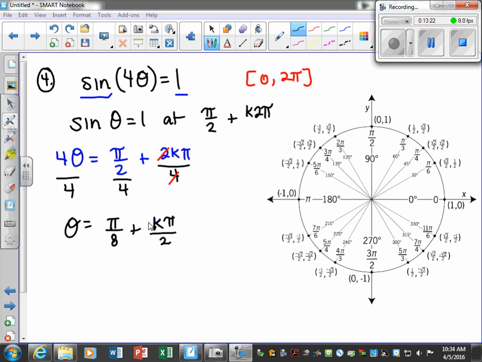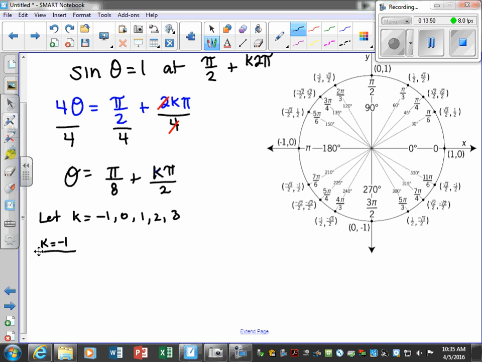Alright, so now what we want to do is pick some values and find some solutions for this equation up here by letting k equal certain values. So this could be any values. Let's let k equal negative 1, 0, 1, 2, and 3.